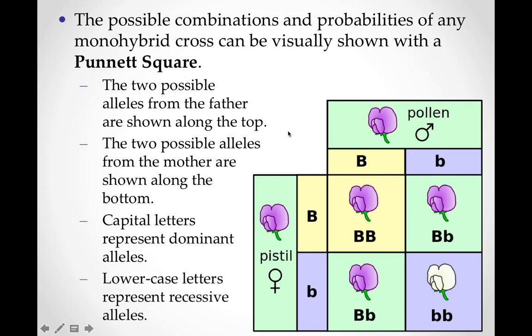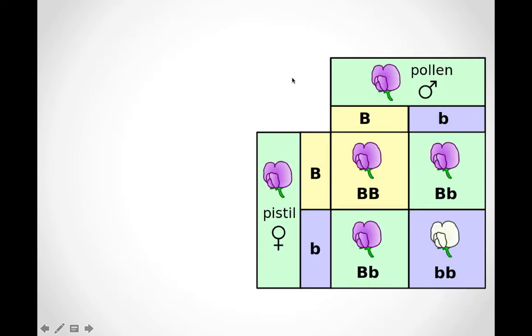Lowercase letters represent recessive alleles. You don't want to change the letters. You want to keep one letter for one trait. So it wouldn't work if you put a capital P and a lowercase w for purple and white. It wouldn't work. Okay? You need to have the big B, little b, because science says so. All right.